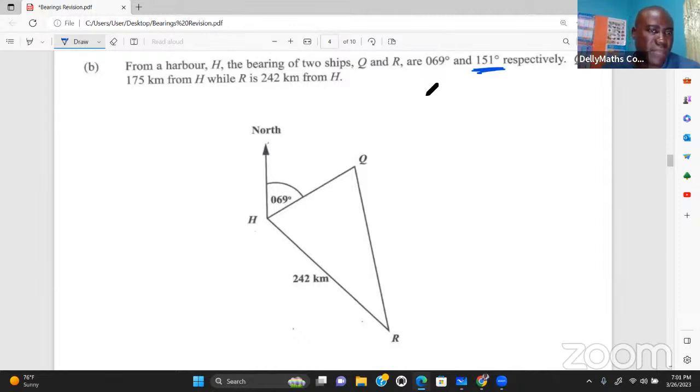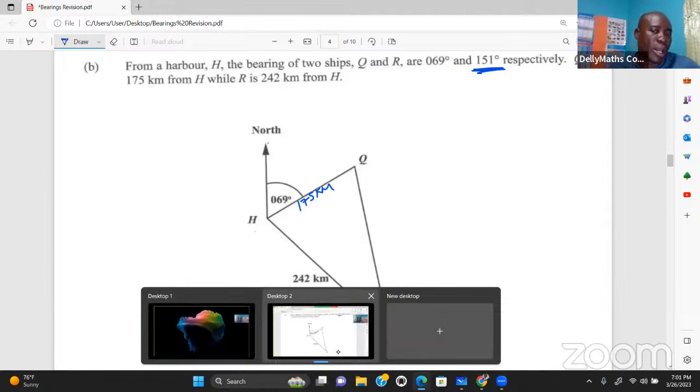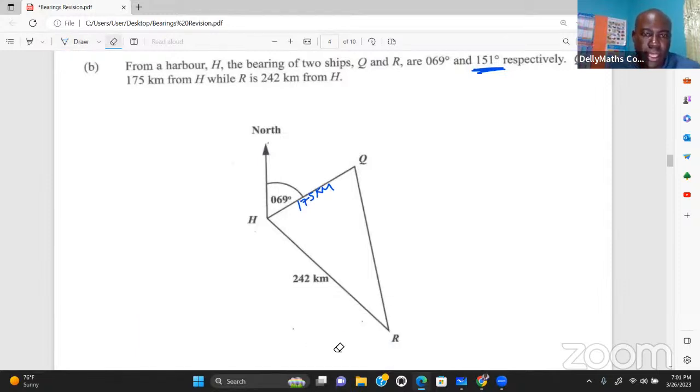Q is 175 kilometers from H. So Q is 175, I could put that on, 175 from H. While R is 242 from H. So we got the R. I put on the 175 for myself quickly there.